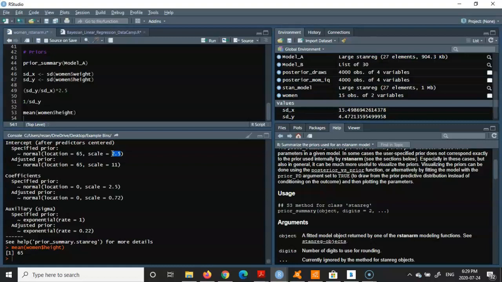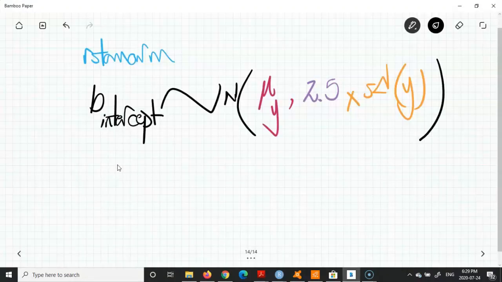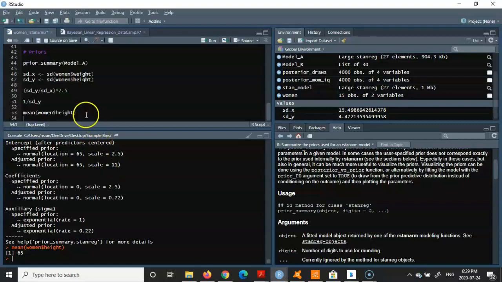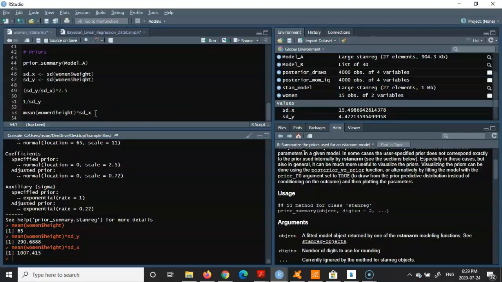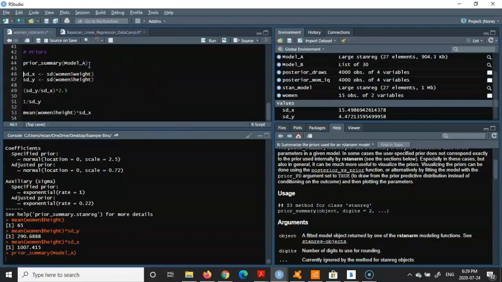However, when we come here to the adjusted prior, we see that the scale is 11. And as we said, we have to multiply that. When you multiply that by the standard deviation of the y, it had to be the standard deviation of the x. Let me go back again.